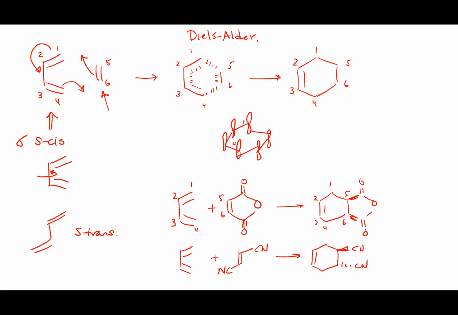So it's just a question of what's attached to carbons 1, 2, 3, and 4? Nothing, except H's. What's attached to 5 and 6? Then I can just add the 5 and 6 groups. The same thing would be true down here. So the stereochemistry of the double bond is preserved in the product.